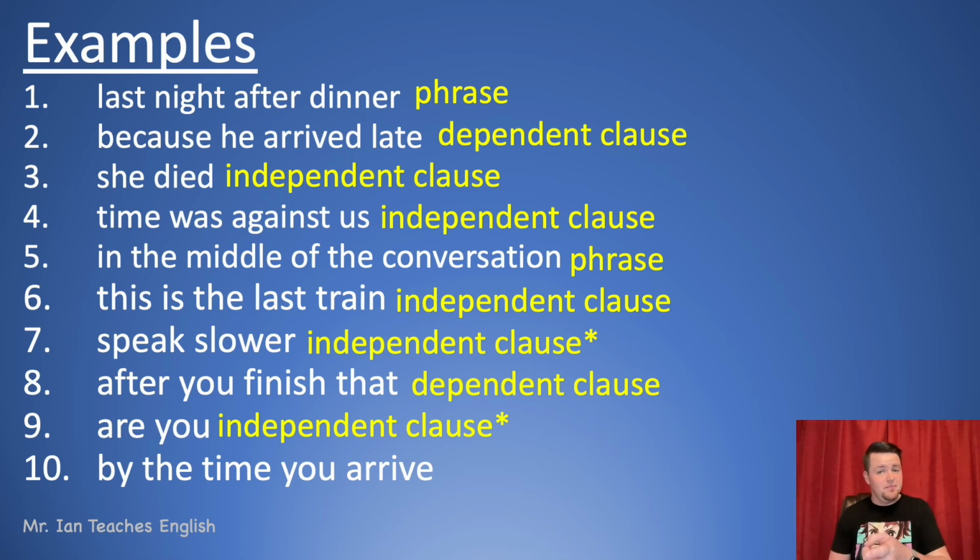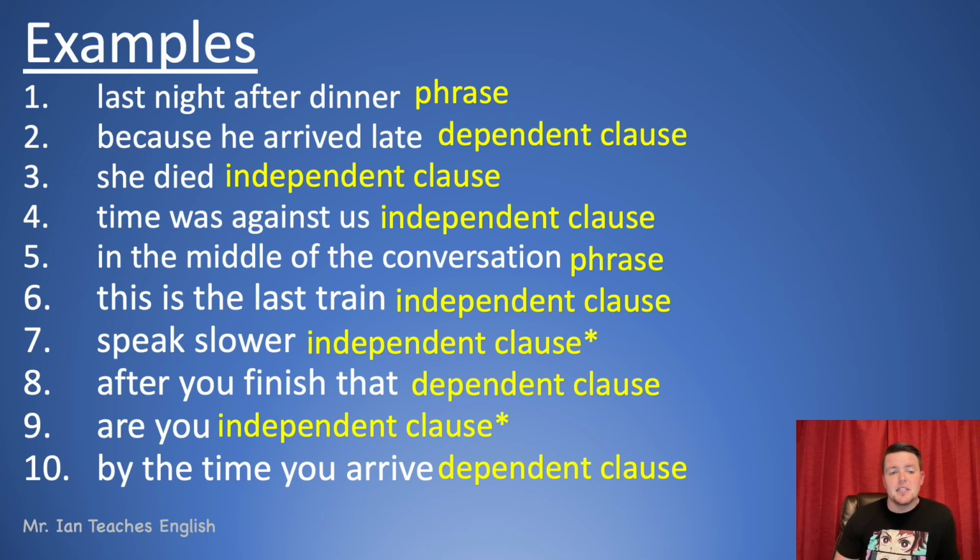It's a question. And in questions, subjects and verbs are reversed in English. So the verb is are, the subject is you. Are you? It's a question. And number 10, by the time you arrive, a dependent clause. You, subject. Arrive is a verb.